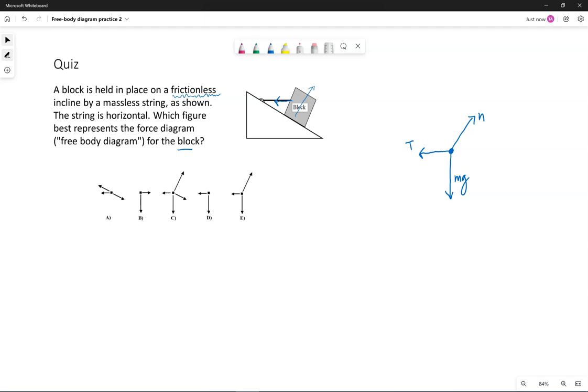But because they're telling us it's frictionless, we will not account for any friction force. This block is not in contact with anything else, so the three forces acting on it we have represented. So coming back to our options, that leads us to E being our answer.